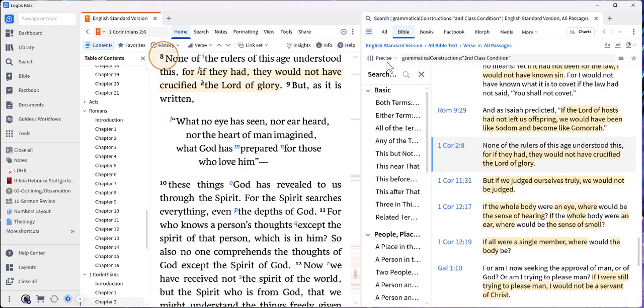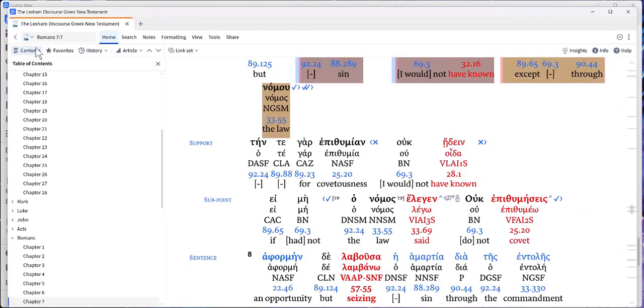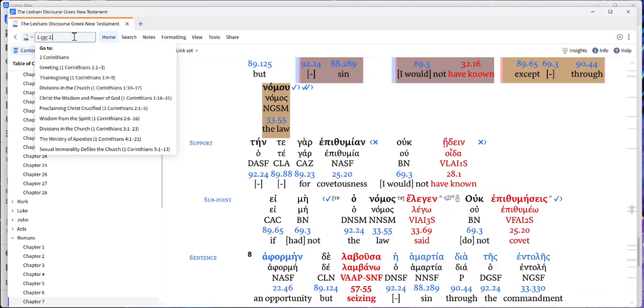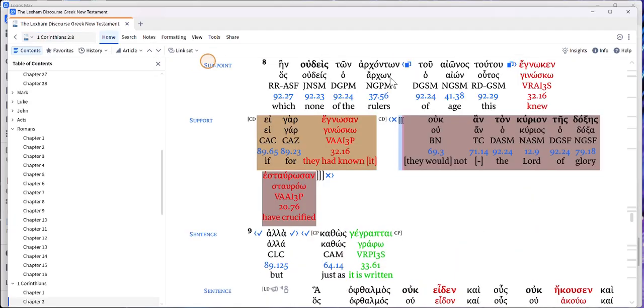So we're going to go to 1 Corinthians 2:8, and all we're doing is looking at these from the vantage point of the Greek. Sometimes these are accompanied with a negator, like ouk, and you've got this particle on here. This one is really easy to determine.